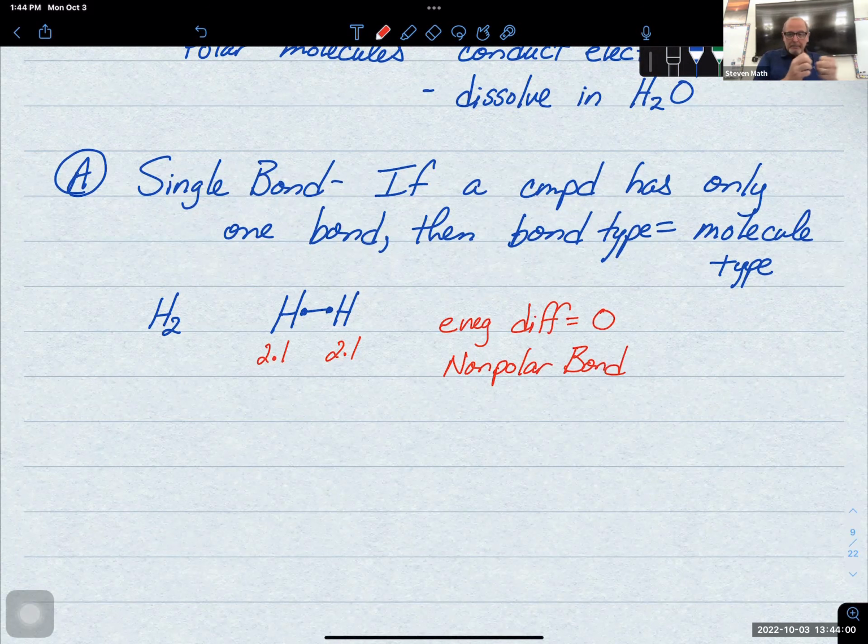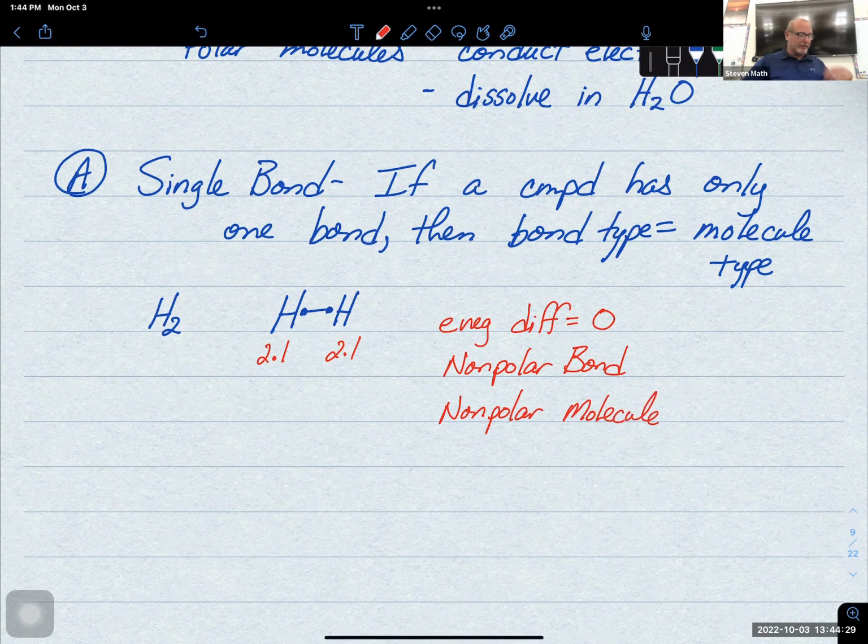There's no pull from one side or the other because electronegativity is the attraction of an electron. So since this is perfectly nonpolar, the electrons are evenly shared between the two hydrogens. There isn't a problem with charge. And since there's only one bond, this is also going to therefore be a nonpolar molecule.